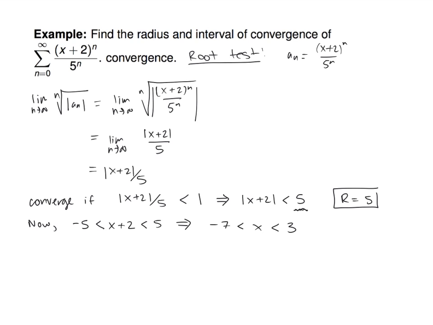What is the diameter of this interval from end to end? It's 10 spaces, which is twice the radius. You should always get that. That's always going to happen.